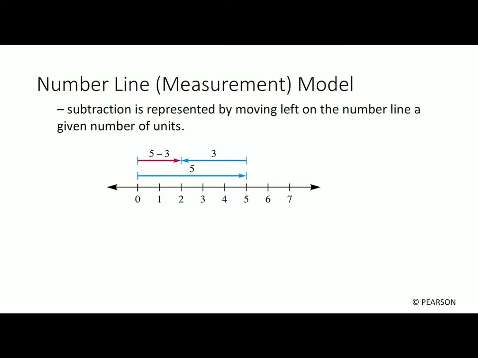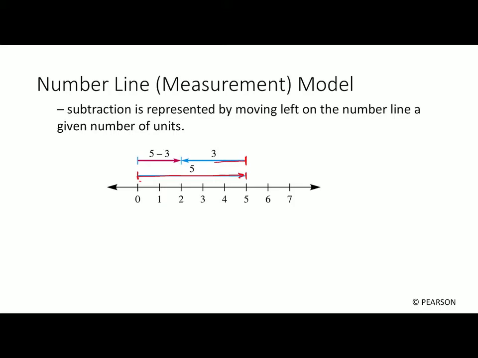All right, when I do subtraction on the number line, I'm going to move left. Okay, so if I wanted to do 5 minus 3, the first thing you're going to draw is 5 on your number line. So that's this blue arrow at the bottom that I've turned red with my pen. And then starting at 5, I'm going to go left, whatever I'm subtracting.